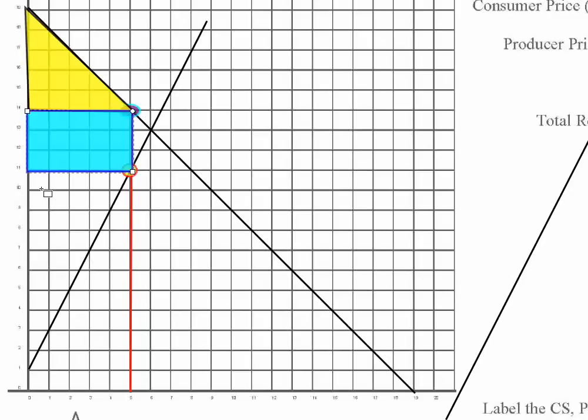And then the producer surplus here is going to be above the supply curve, but below this price that the business gets to keep for what it sells. So let me draw that shape there for the producer surplus. And we'll color that green.